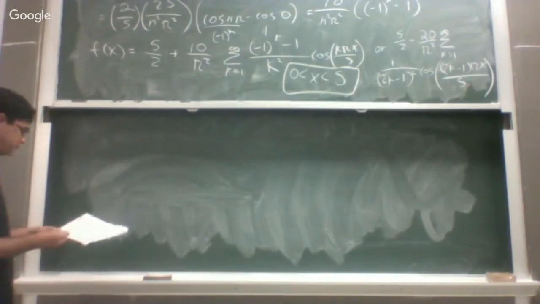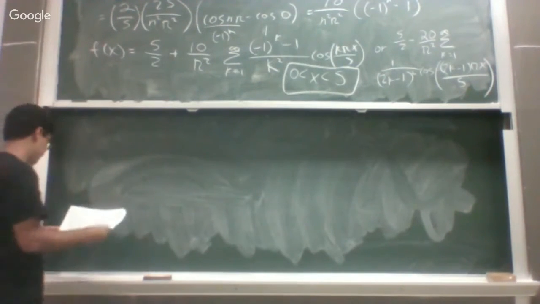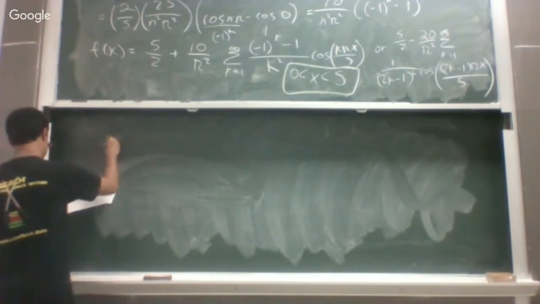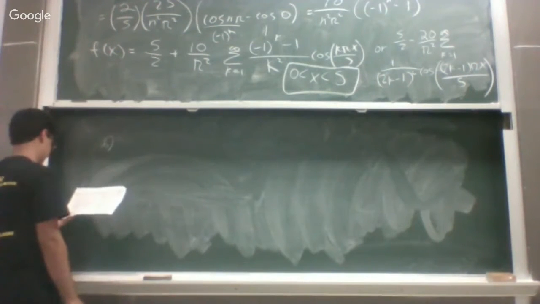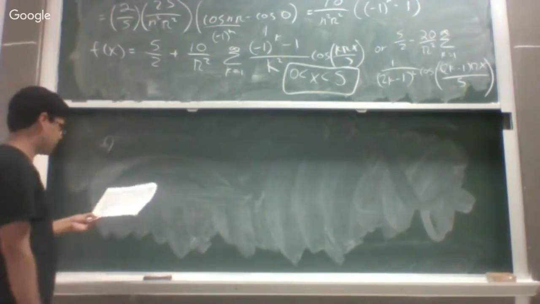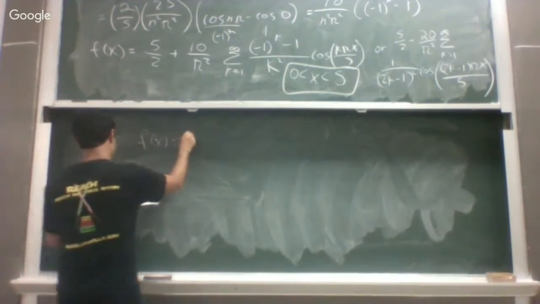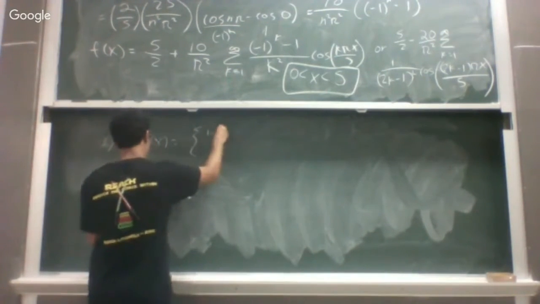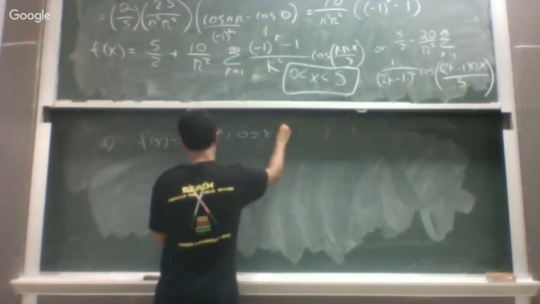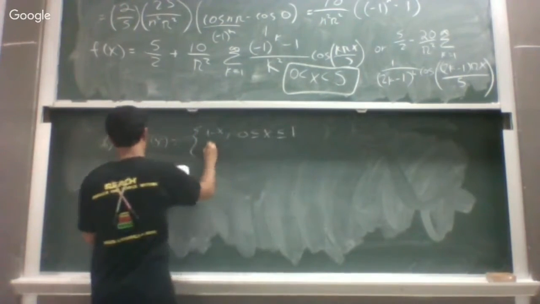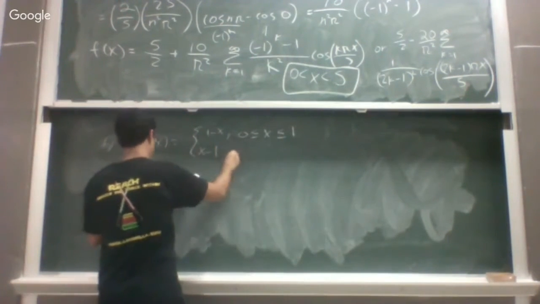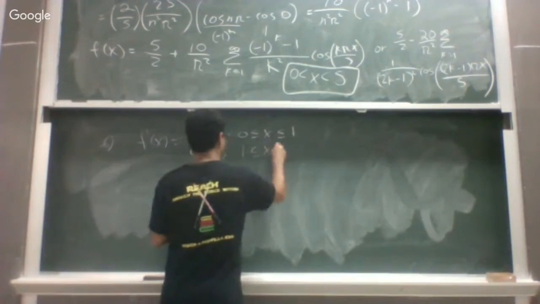Okay. For number 6, they tell us it's an even expansion, and they give us that f of x is equal to 1 minus x between 0 and 1, and x minus 1 between 1 and 2.